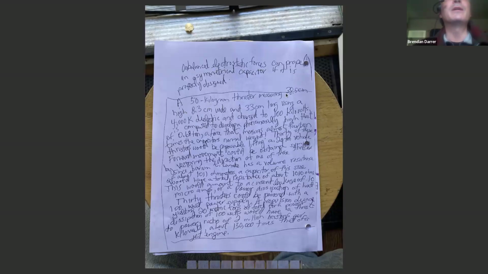A 50 kilogram thruster measuring 38.5 centimeters high, 8.3 centimeters wide, and 33 centimeters long, using a 4000 K dielectric and charged to 100 kilovolts, is computed to develop a phenomenally high thrust of 0.68 tons, a force that measures almost 14 times the capacitor's normal weight. 30 of these thrusters would be capable of lifting a 20 ton vehicle.